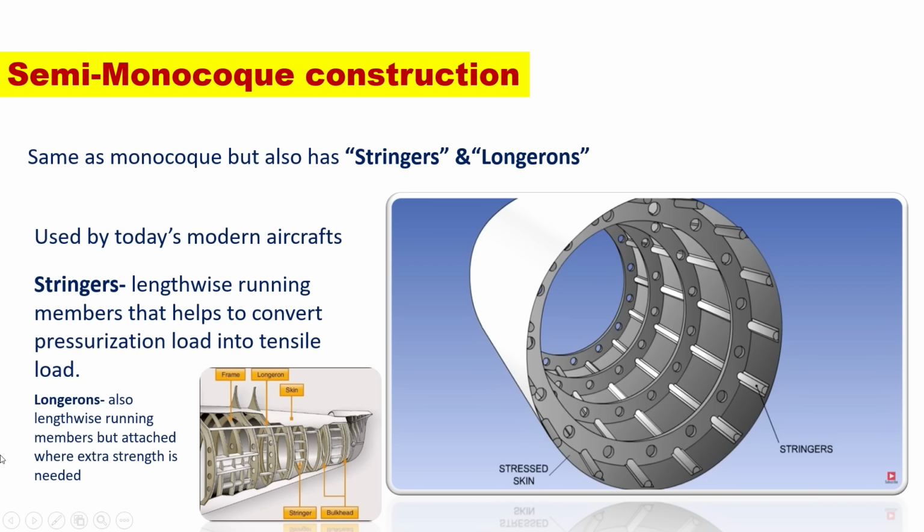So in semi-monocoque construction, remember that it has skin, frames and formers, and longerons and stringers. The complete load is not just taken by the skin, but also by the stringers and longerons. Today's modern aircraft use this semi-monocoque construction.